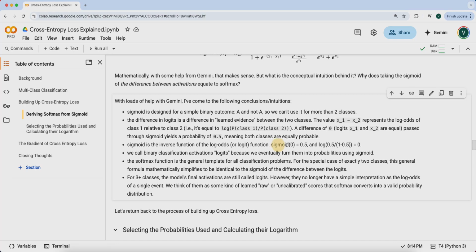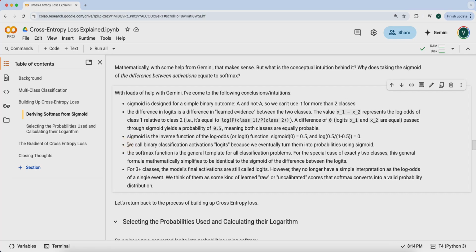So this only works when we're dealing with binary classification, because the probability of class B is 1 minus the probability of class A. So this logit function, probability over 1 minus probability, only works in the binary classification sense when it comes to working with sigmoid.